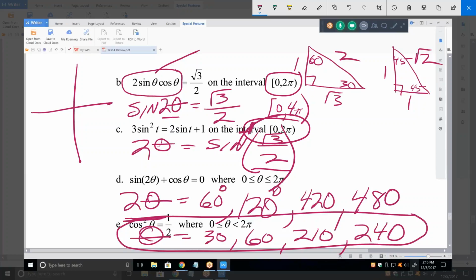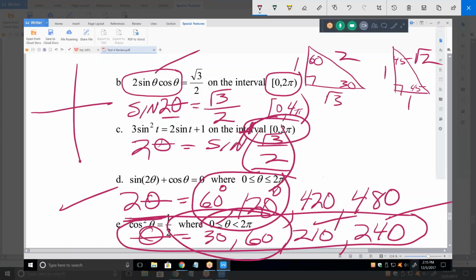But the only way you get these 2 last answers is if you increase your domain for 2 theta out to 4 pi. If I was grading the tests on this exam, every wrong answer is going to have only those 2 answers.